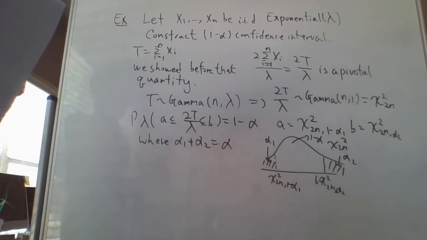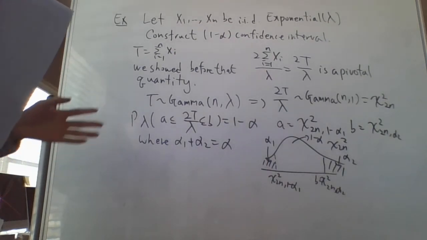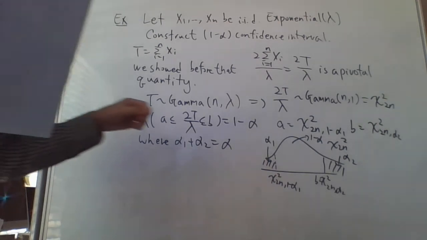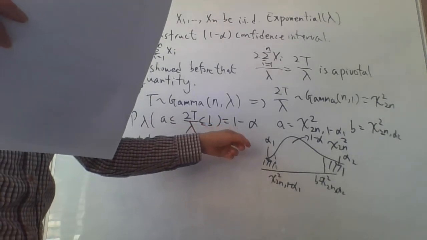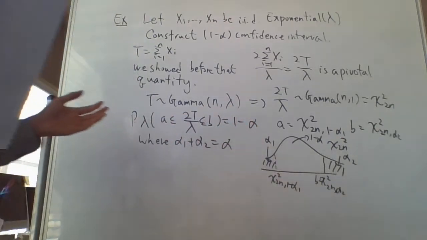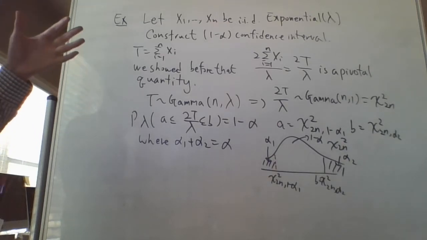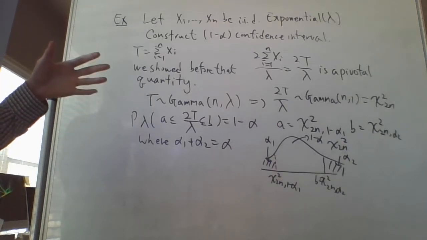So we can choose a probability in each tail. And then we define alpha 1 and alpha 2, which sum to alpha. So we find the percentile values in the chi-square.